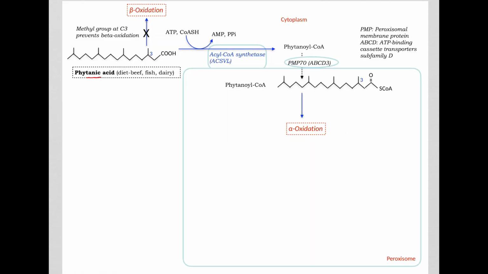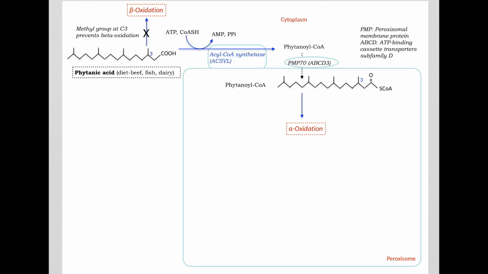Phytanic acid is a branched-chain fatty acid, and as mentioned before, there is a branch at position 3, and because of this branch, this fatty acid cannot be broken down by beta-oxidation.